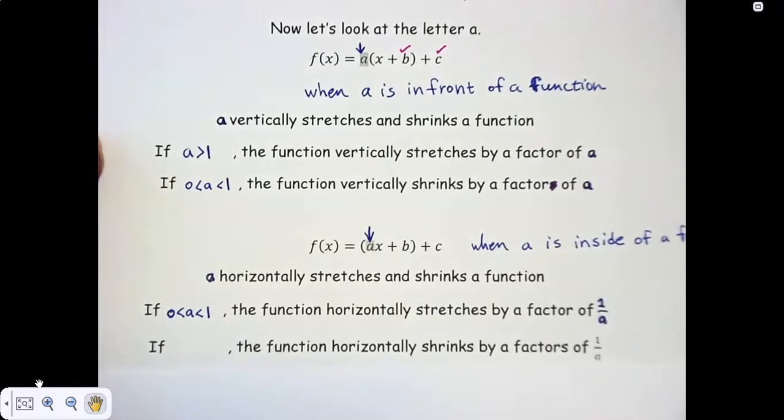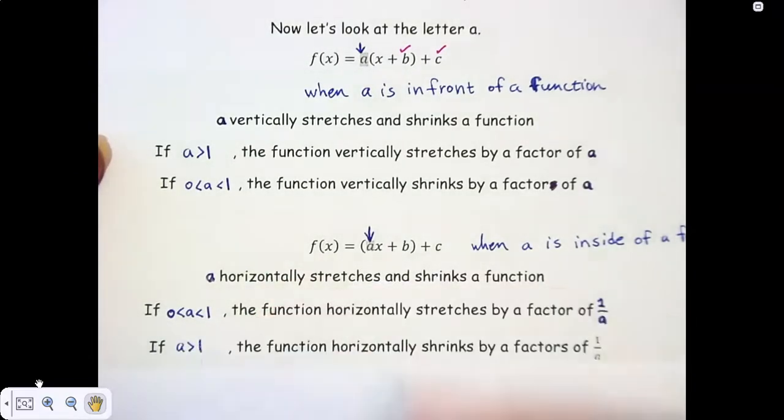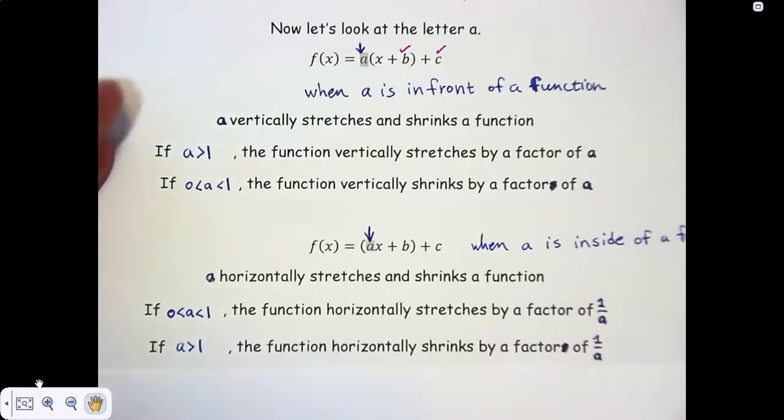And then if A is greater than 1, the function will horizontally shrink by a factor of 1 over A. So in other words, we're really dealing with fractions. For the most part, you're going to be dealing with a fraction. The first one might be a whole number, but the second one will definitely be a fraction.